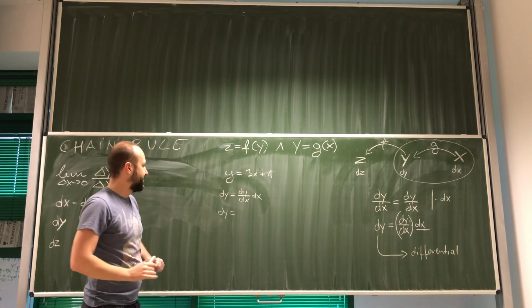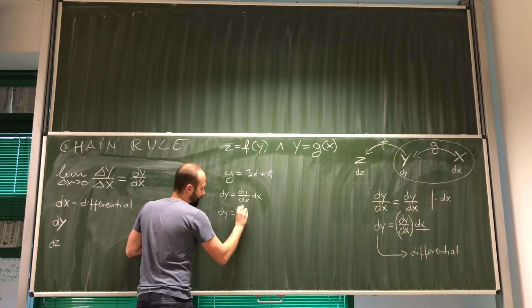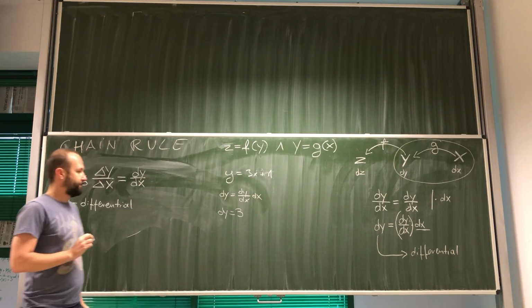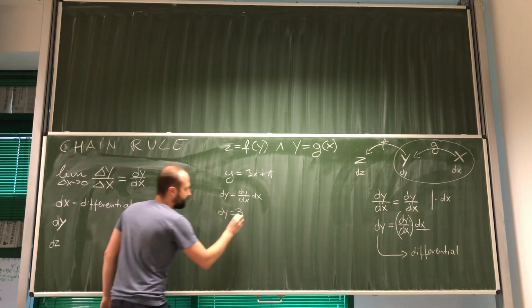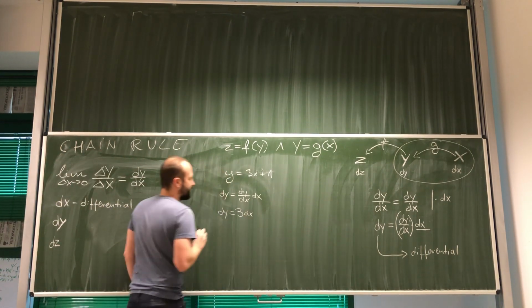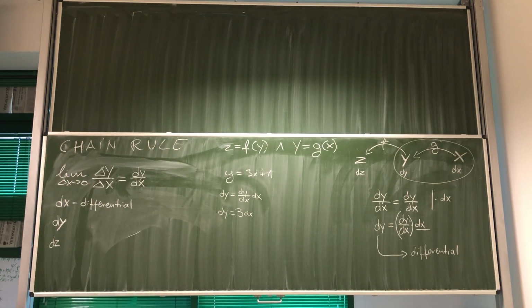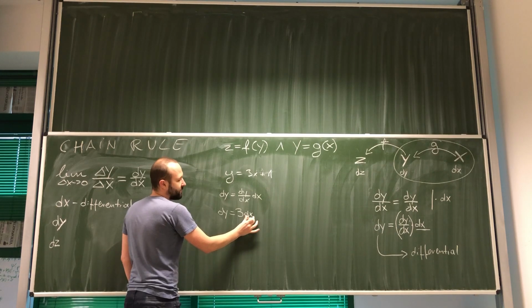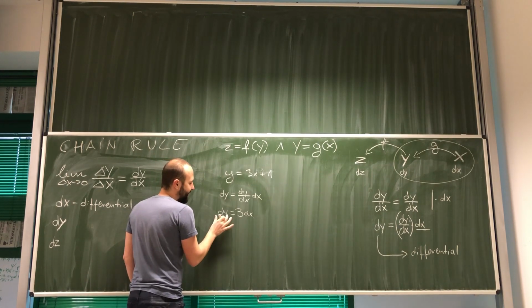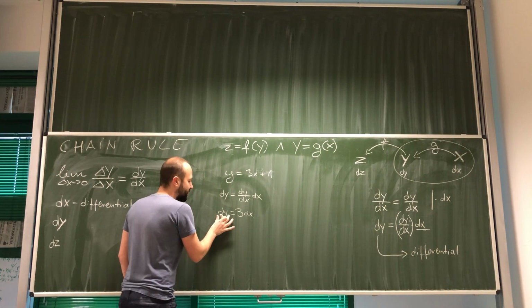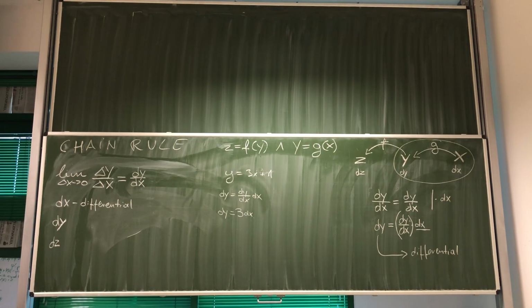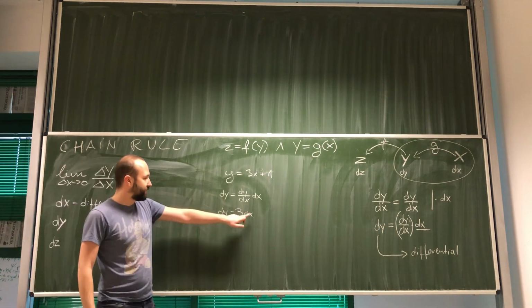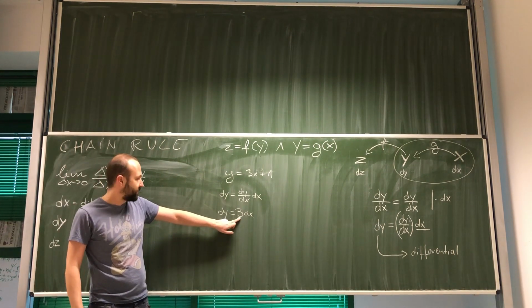The derivative of this is equal to 3, times dx. So we see that every time x changes by some small amount, y is changing by 3 times as big an amount, right? This is why the ratio of the two is equal to 3.